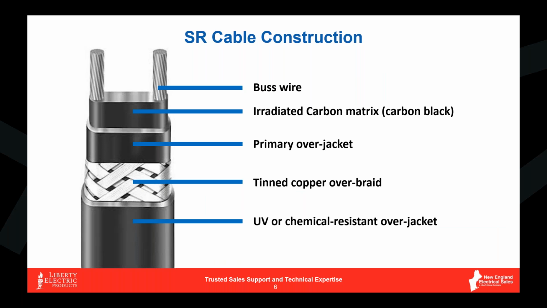The self-regulating cables that are used for that application have UV resistant jacketing on them. Pipe tracing application really doesn't have a whole lot of need or desire for UV protection, as there's insulation and cladding generally over that pipe. So, generally we're using Teflon or chemical resistant materials for pipe tracing cables. So again, that outer jacket can change depending on your application.